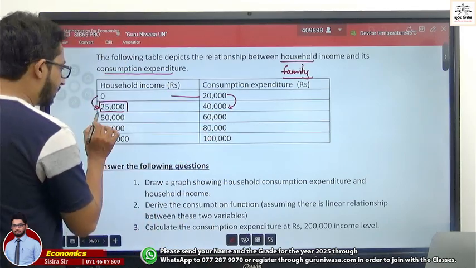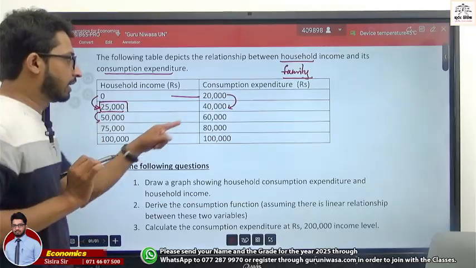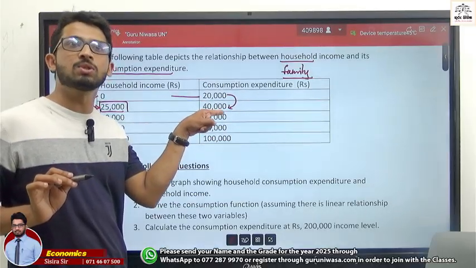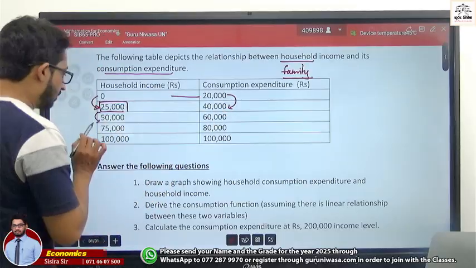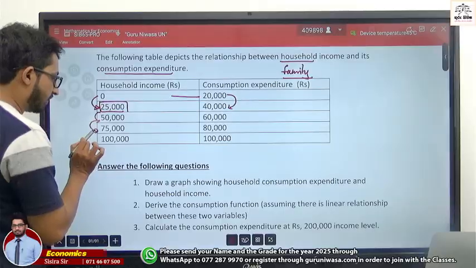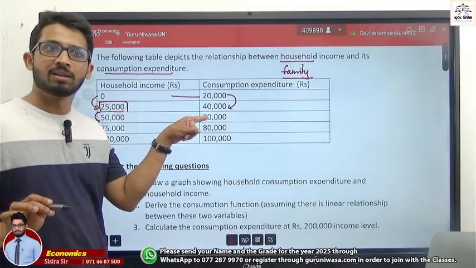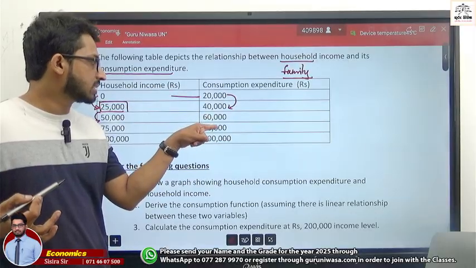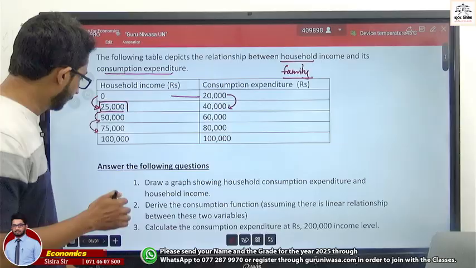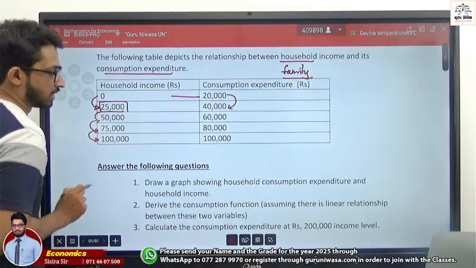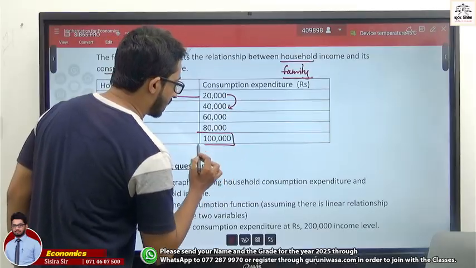Then when income increases to 50,000, what happens to consumption? 60,000, it increases. When income increases to 75,000, consumption expenditure further increases, now it's 80,000. When household income is 100,000, consumption expenditure is 100,000.